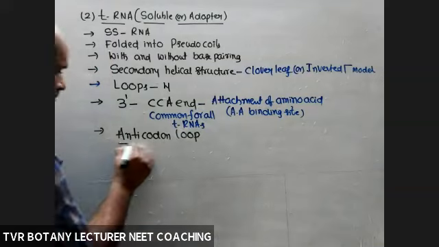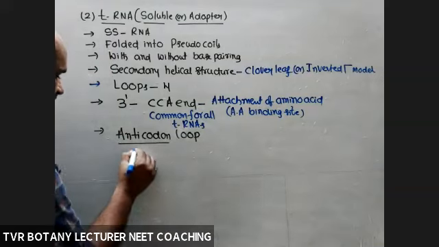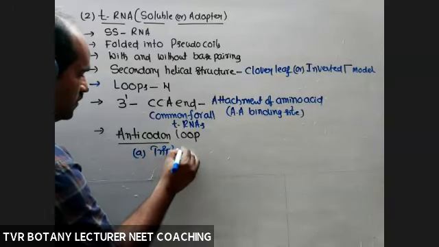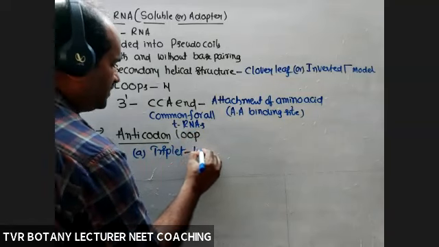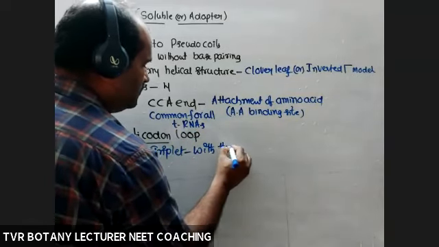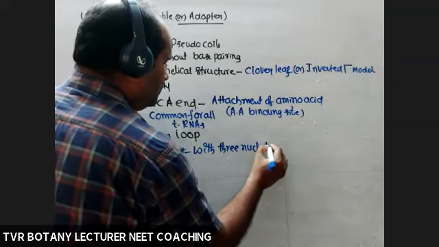Okay, so what is an anticodon? Description for anticodon: it is a triplet. Triplet means with 3 nucleotides.